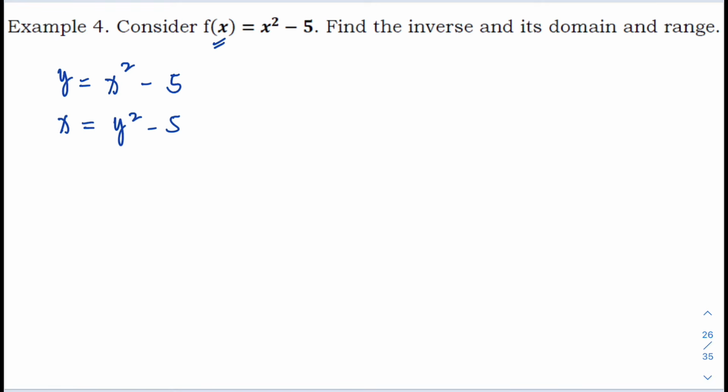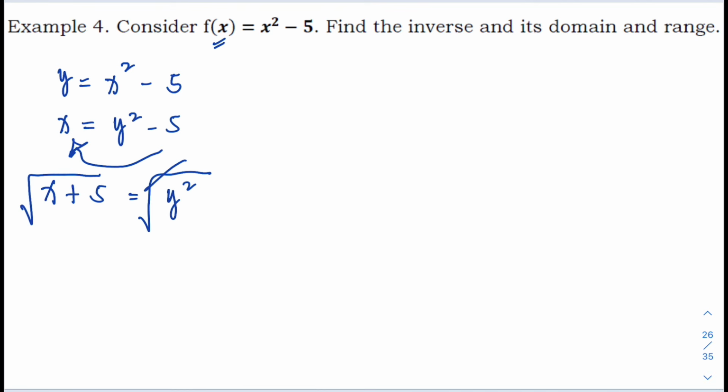Then next is solve natin si y. So lipat natin si negative 5. So meron tayong x plus 5 equals y squared. Okay, so to cancel out yung square dito sa ating y, mag-extract lang tayo guys ng square root sa both sides ng ating equation. Okay, so maka-cancel out natin yan.